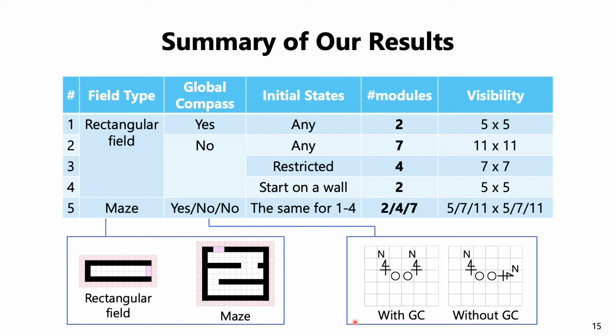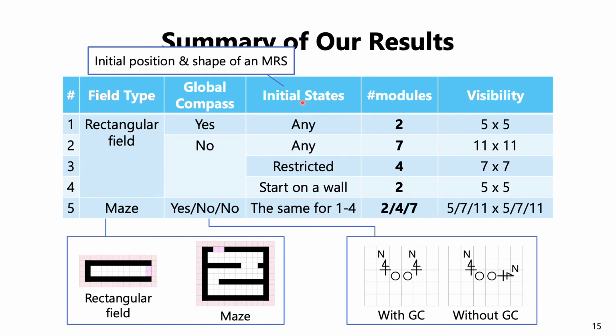So if modules are equipped with a global compass, they have a common sense of direction. But if they don't have a global compass, some module believes that the up direction is north, but another module believes that the right is the north, like this. And note that even if modules don't have a global compass, they share a common handedness.